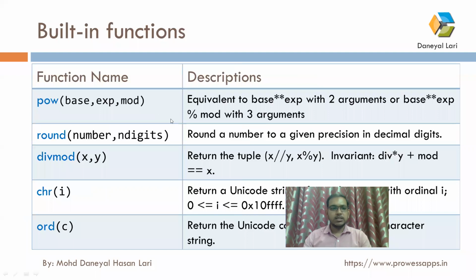The next method is pow. In short form, we can say it is the power. Python has one more functionality to compute the power of any number, which we have already learned in operators. Yes, we can do it that way, but one more function is available, called pow, by which you can calculate the power also.